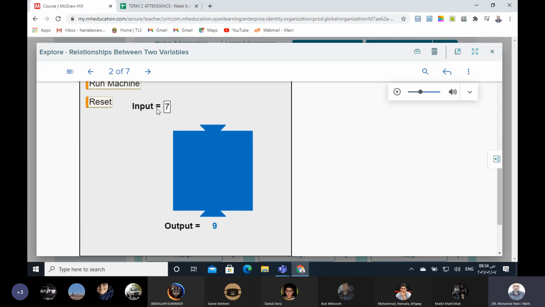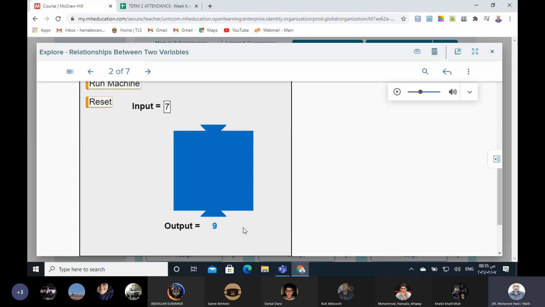Right, change here, put 7. What's the meaning of 7? This is the input, the number that enters this machine. As you see here, we have 9. So the answer here is the output.